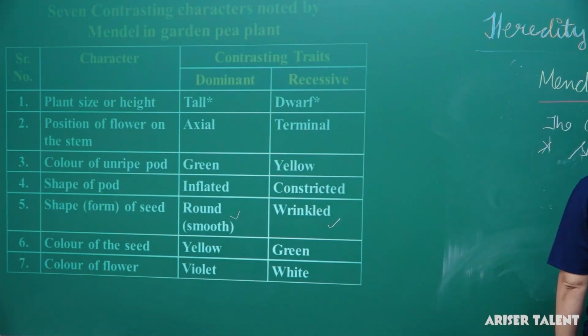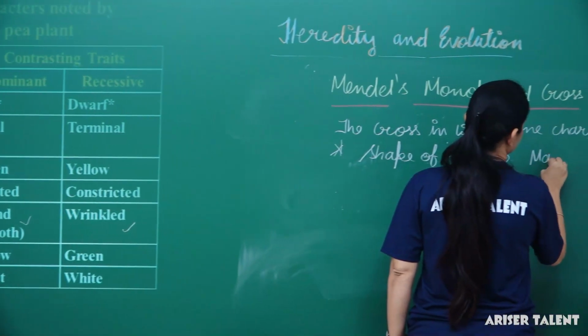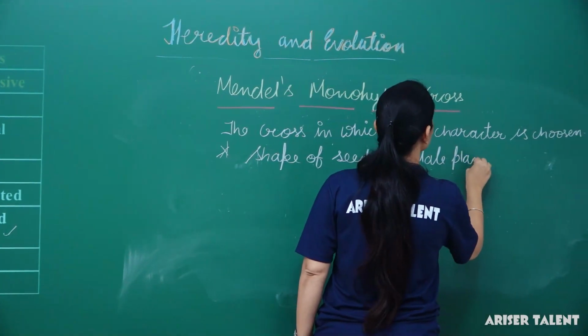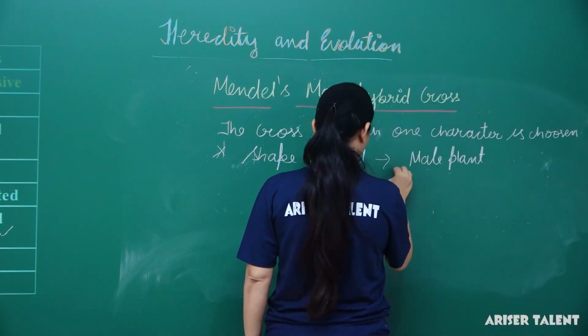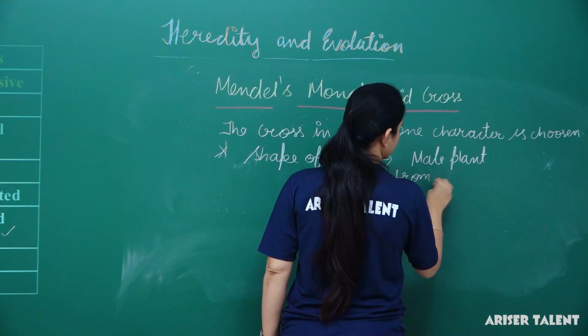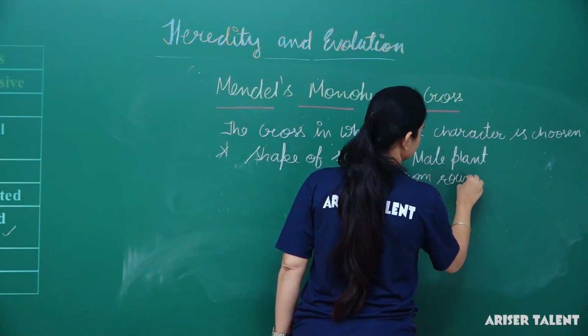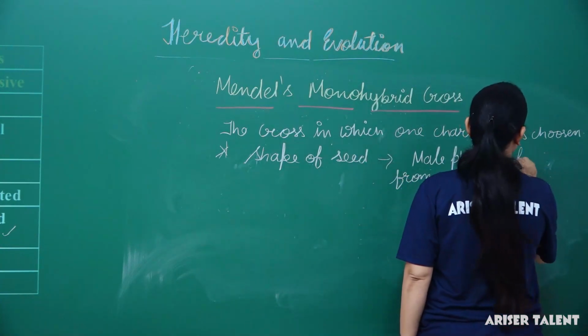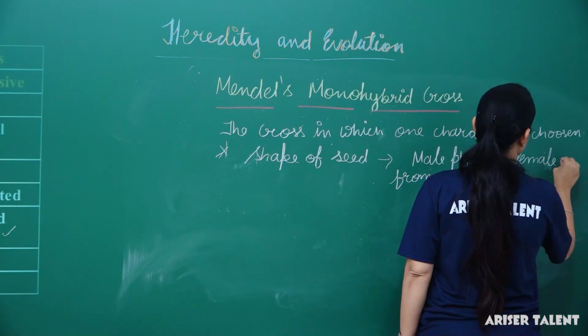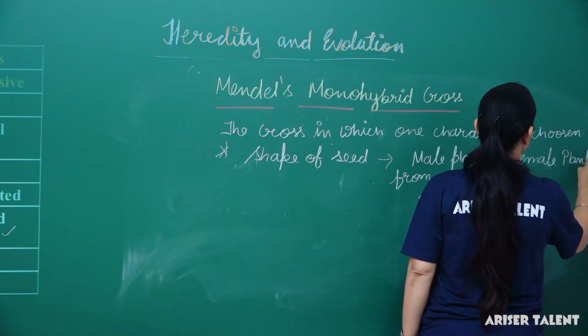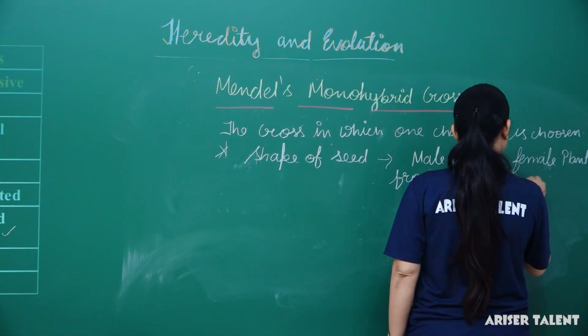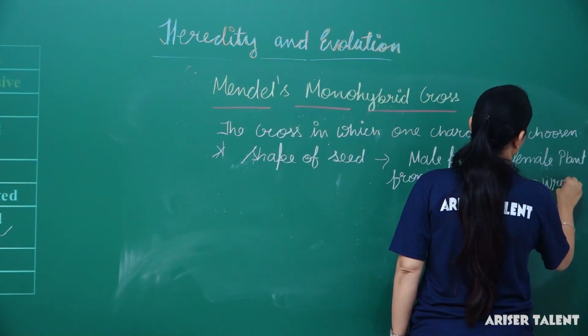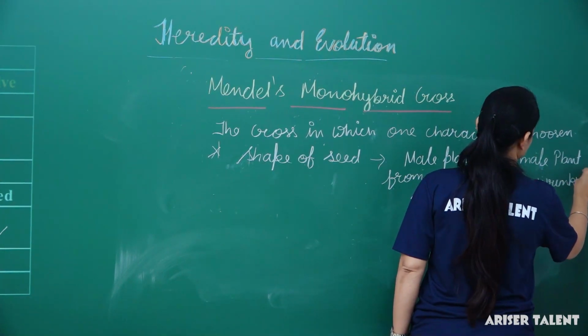He took a male plant from round seed and a female plant from wrinkled seed.